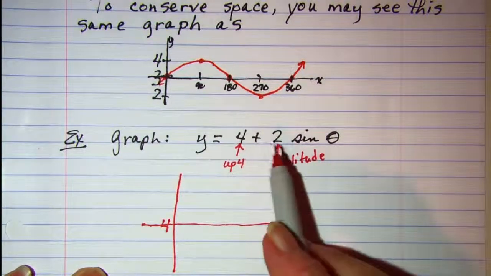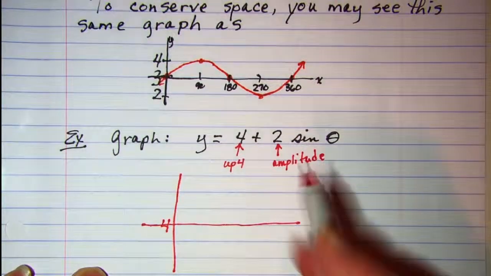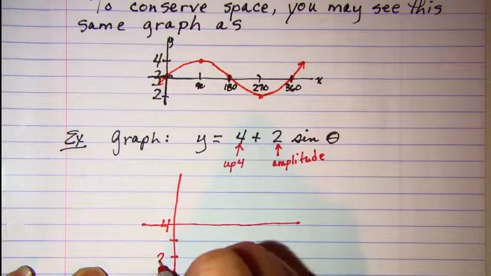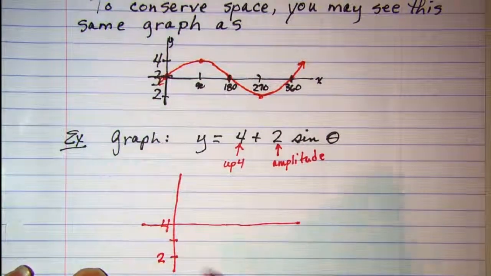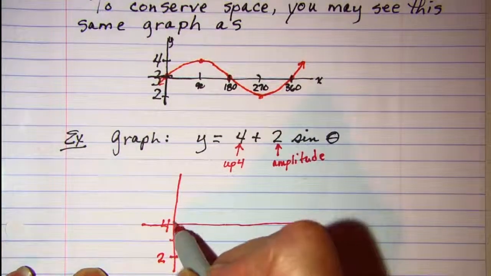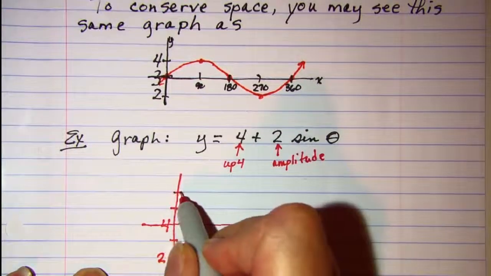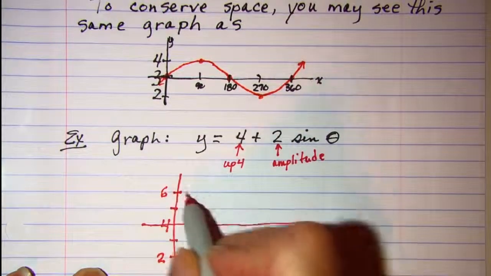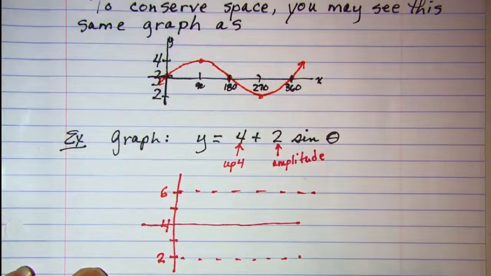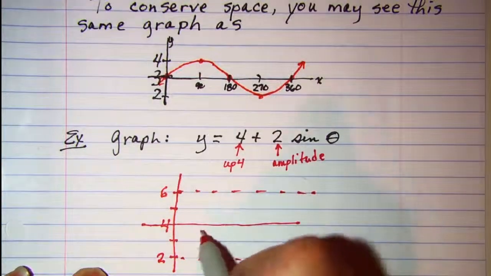And then if I need an amplitude of 2, I'm subtracting 2 to get my lower guidelines. These are my guidelines for my minimum values. And then add 2 to get my maximum values. I always use the dotted line for these as guidelines.